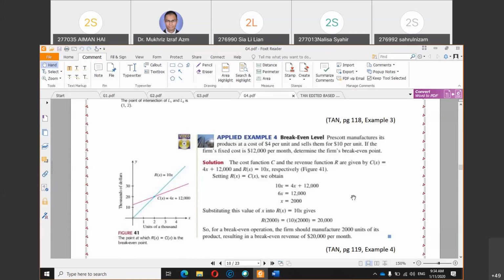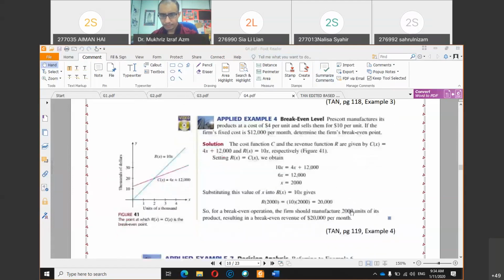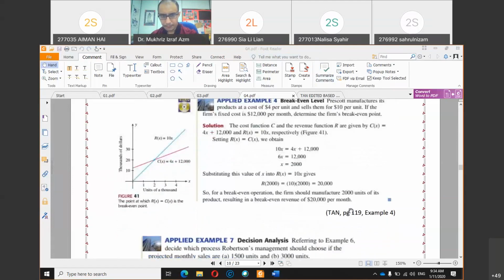So we get the x, and after we got the x, we put the x into the revenue, 10x. We already get the x, so we multiply 10 with 2,000, so we get 20,000.